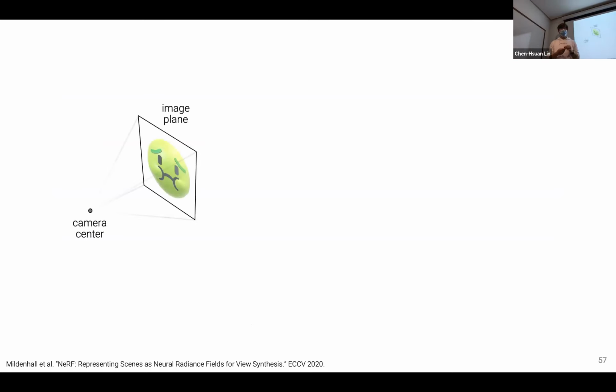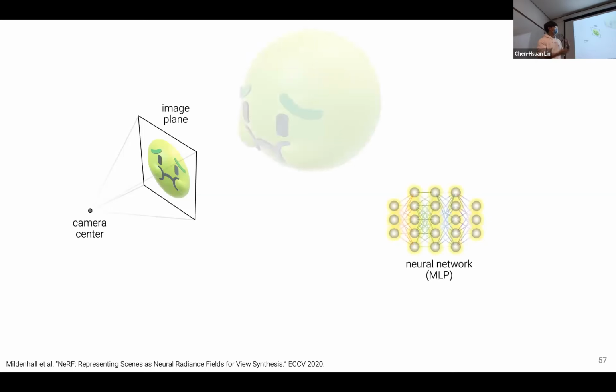So to quickly go over what NeRF is about. Given an image and a camera center here, we want to learn how to represent this 3D model using a neural network, which is an MLP. For each pixel, which we write as u here, we can sample a 3D point along this ray.